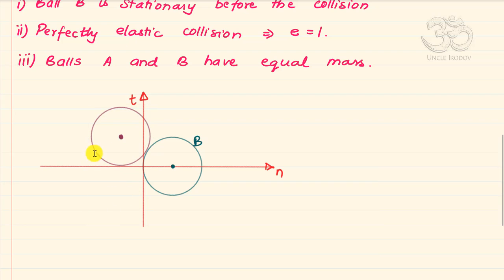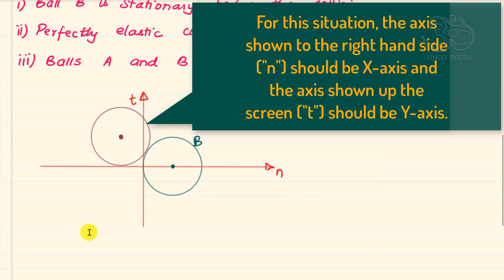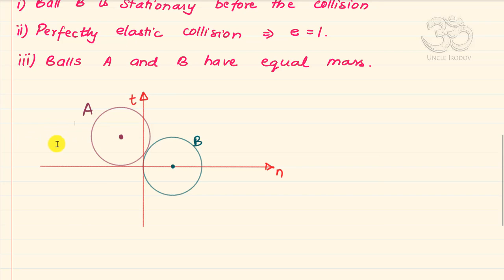So this ball A was coming from the left hand side and moving towards the right hand side. So it has an initial velocity UA towards the right, and its mass is MA. And of course we are saying that the masses are equal, so I will eventually say that MA is equal to MB. We will do that, but for now this is MA, this ball is MB, and its initial velocity is 0.